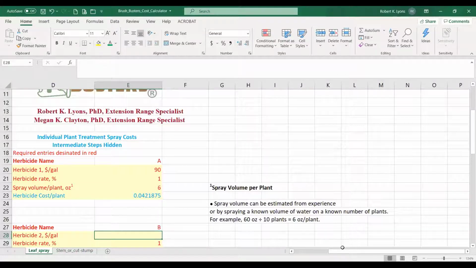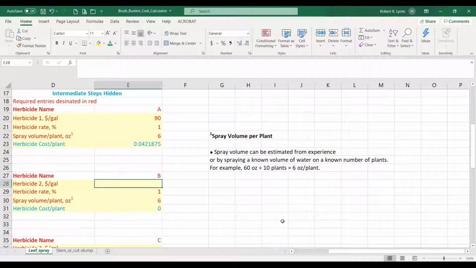So this app is going to allow us to enter for leaf sprays as many as 3 different herbicides. We typically wouldn't need that many. The most we'd probably need would be 2. So, for example, for herbicide B here, let's just say that it costs $70 a gallon.